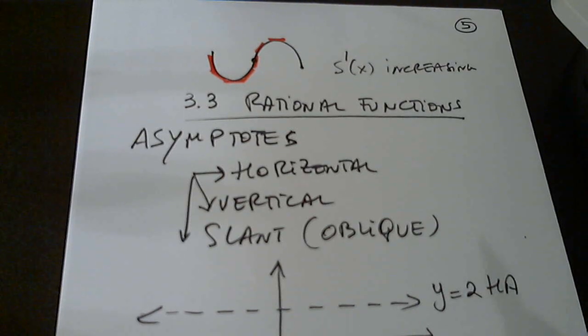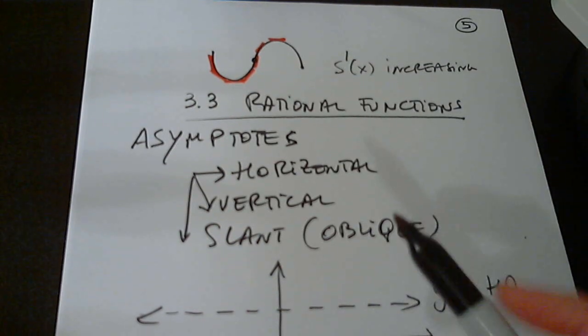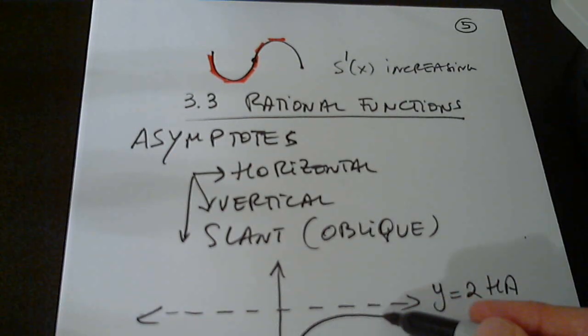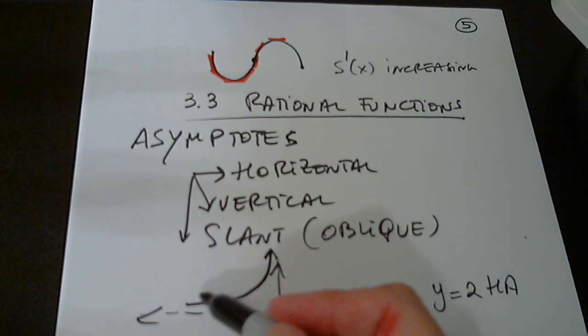How will the graph look like? The asymptotes are not part of the graph, but they have to be graphed. So they are graphed as dashed lines, but they're not part of the graph, but they have to be on the coordinate system. So for example, this is an example of a function with horizontal asymptote, y equals 2.